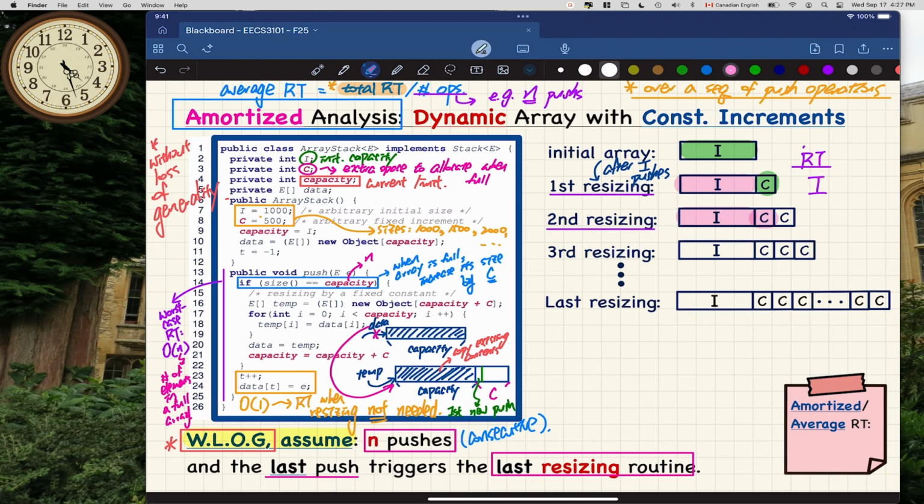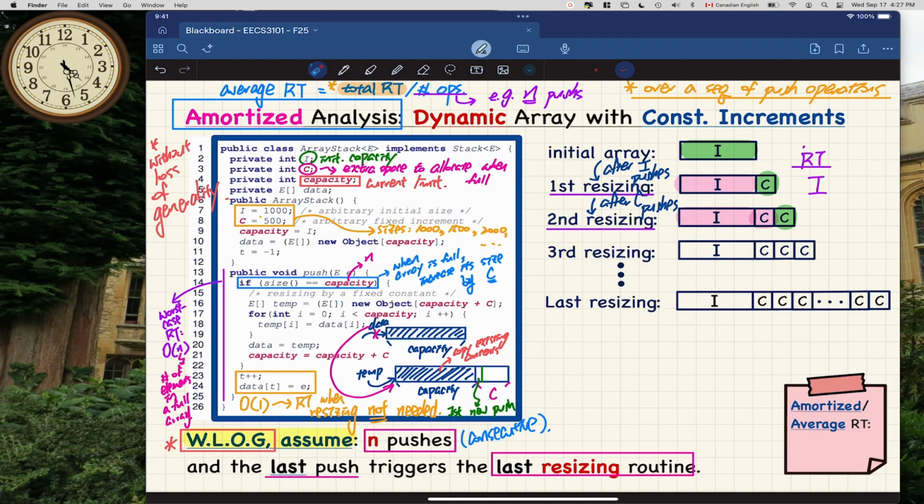Okay, but you're on the right track. Thank you for trying. So this one will be after another C pushes. Every time onwards, it's going to be another C pushes. After every C pushes, you're going to resize, basically.